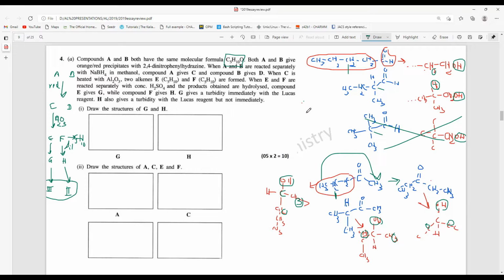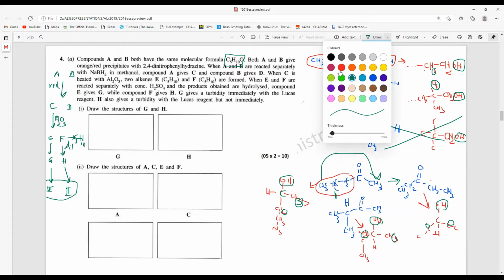That is the point here, because G gives instant turbidity and H gives it a little bit later, not very quickly, after a certain time. Now you need to find out, of these remaining structures, we have 5 structures, right? Which structures could form these tertiary and secondary alcohols? So that is the normal way.